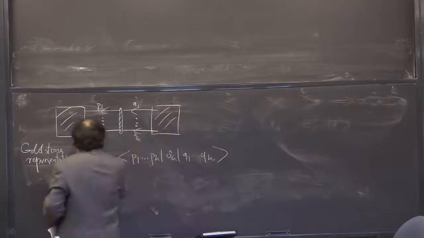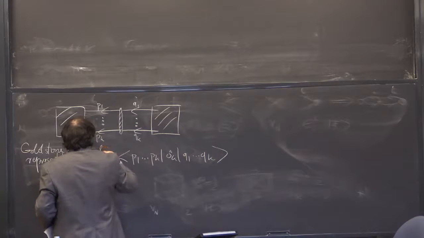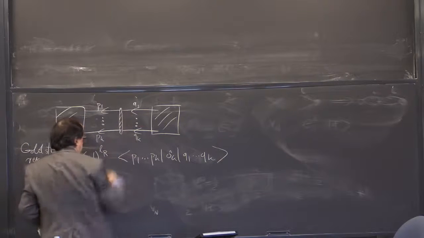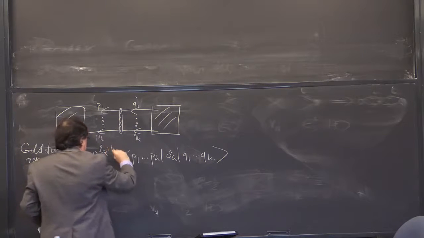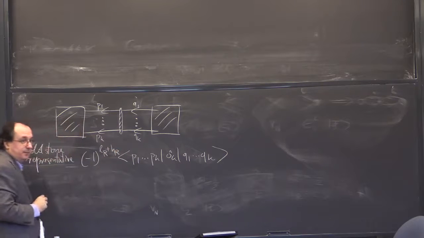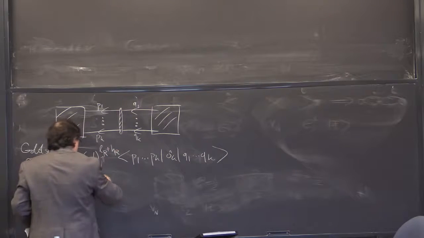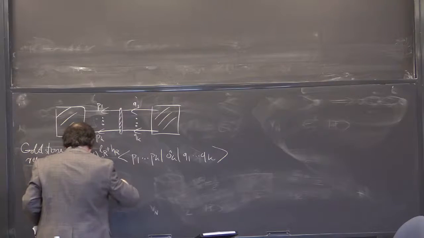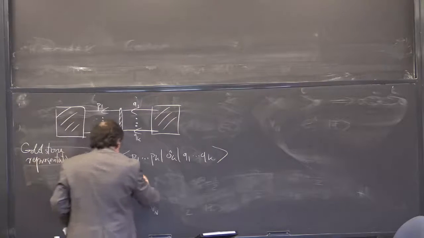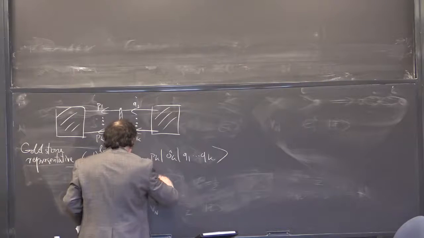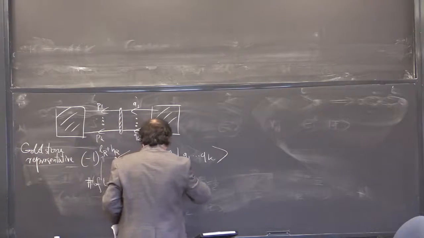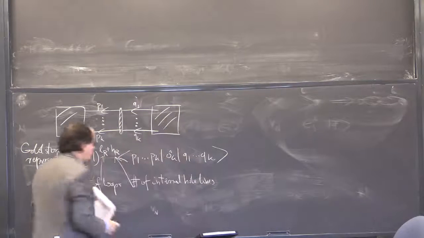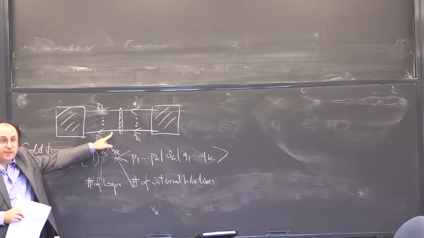So the sign will be (-1) to the number of loops in this Goldstone representative, plus the number of internal hole lines. This is the number of loops, and this is the number of internal hole lines, in this diagram that I can determine.